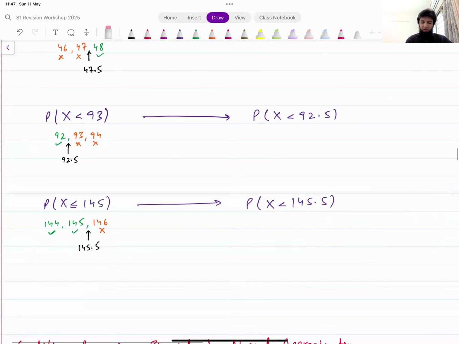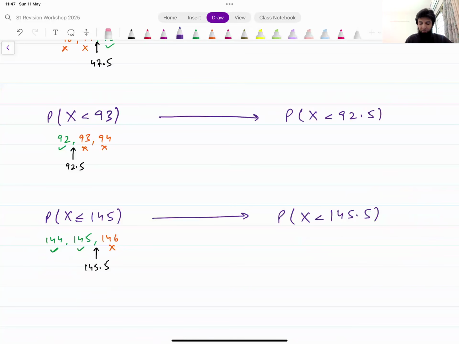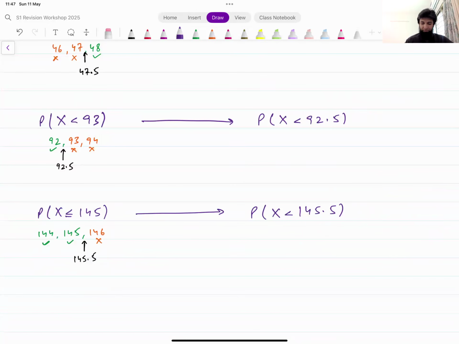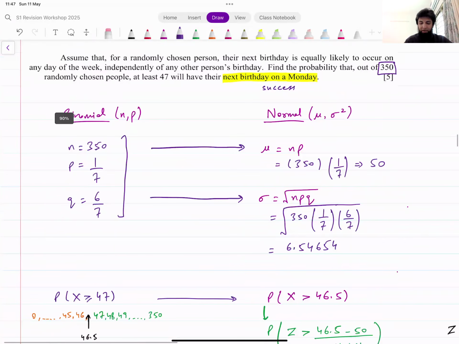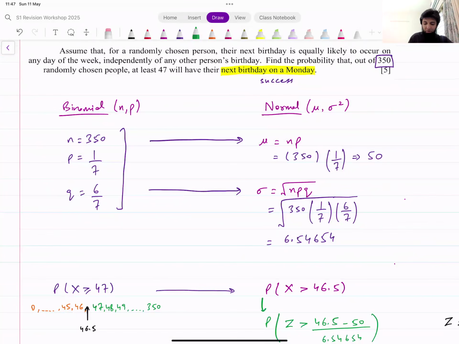Okay, so that's how you would be converting something to normal distribution. Sometimes you have to figure it out yourself. In this question, for example, calculating these probabilities involved so many calculations, like 47, 48, 49. There was too much calculation to do manually, so we converted it to normal distribution for that reason. Mostly they will tell you in the question that you have to use this approximation.